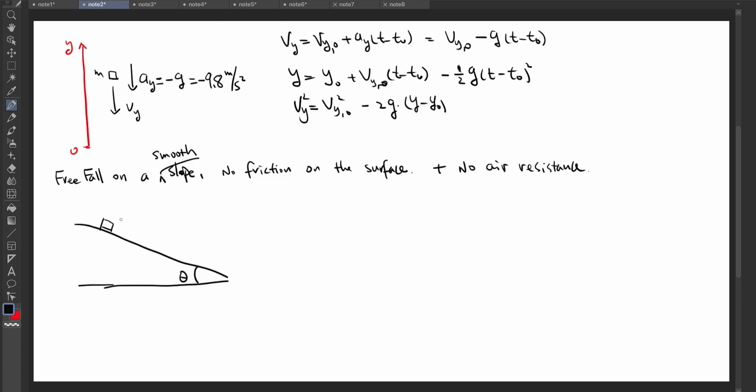Okay, so now when we build the coordinate system, we'll build the x-axis along the slope direction. It could be this way here, but you can also, for example, draw a different picture and build the x-axis pointing upward. It doesn't matter.